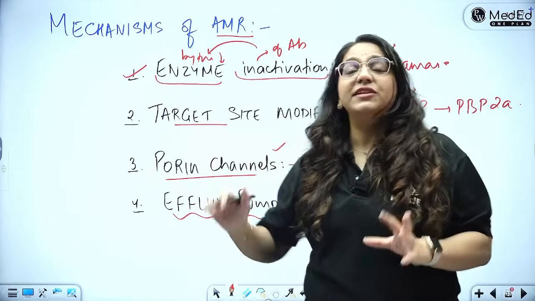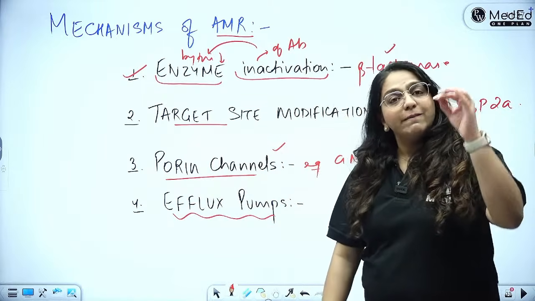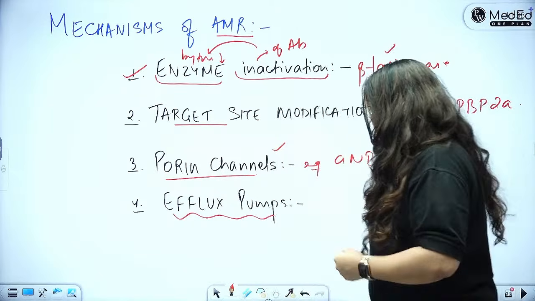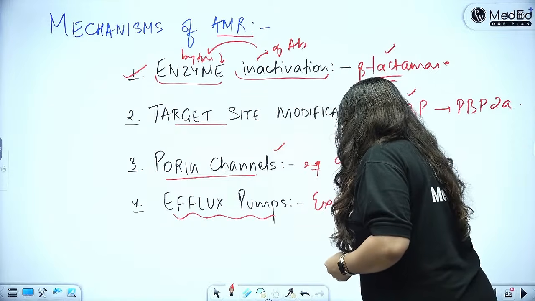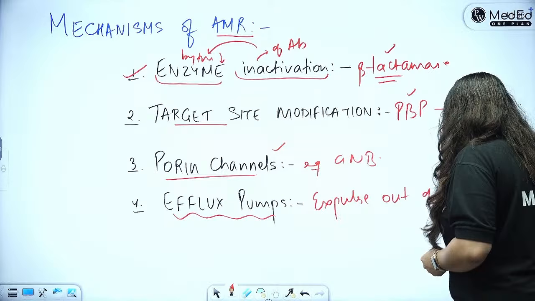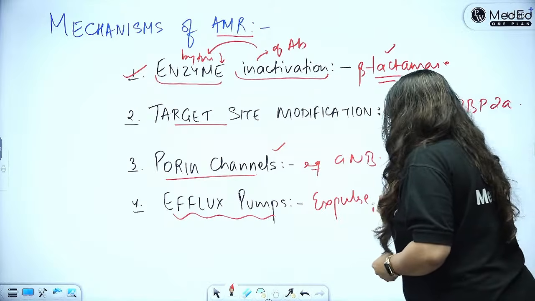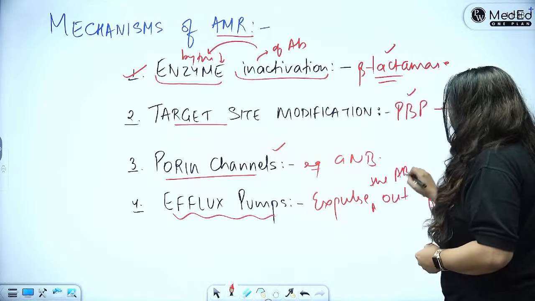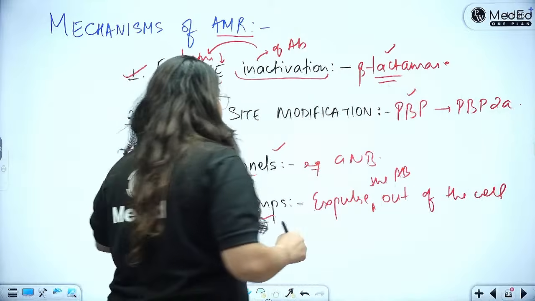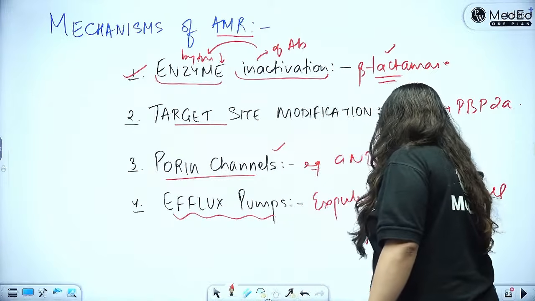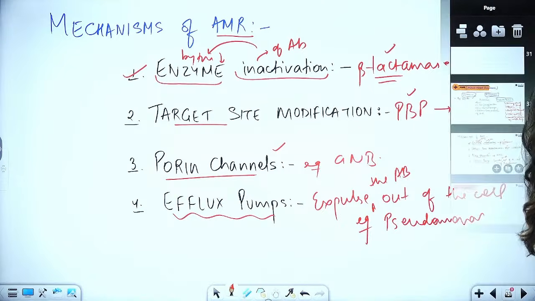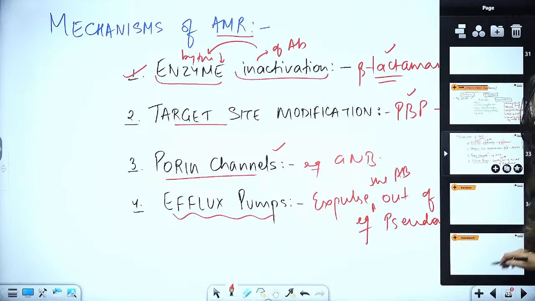Now suppose everything fails and the antibiotic is able to enter inside the cell also, then the bacteria will activate the efflux pump and expel the antibiotic out of the cell. Right? So it is like a vomiting mechanism. The bacteria will vomit out all the antibiotic outside. This efflux pump is majorly seen with, for example, Pseudomonas.